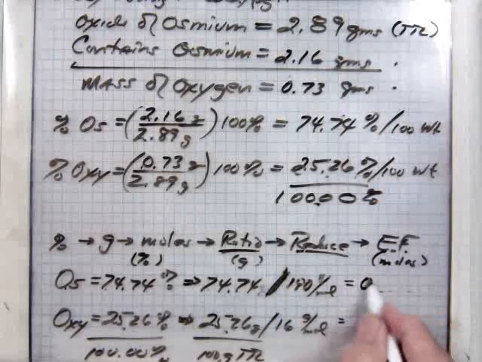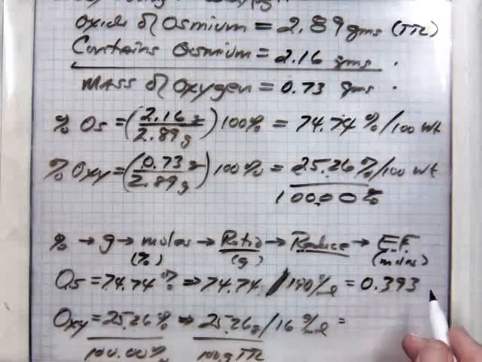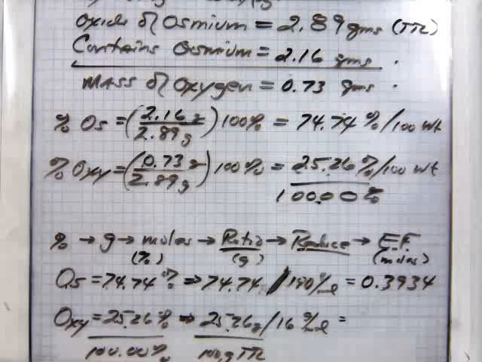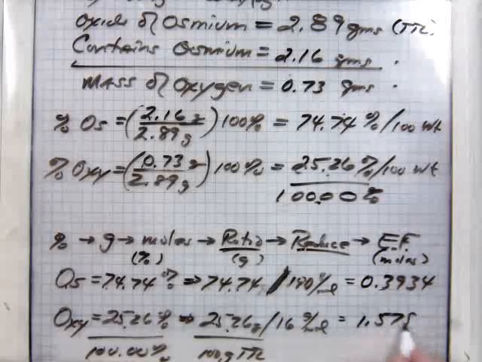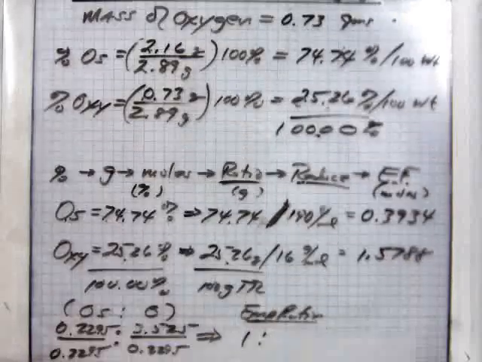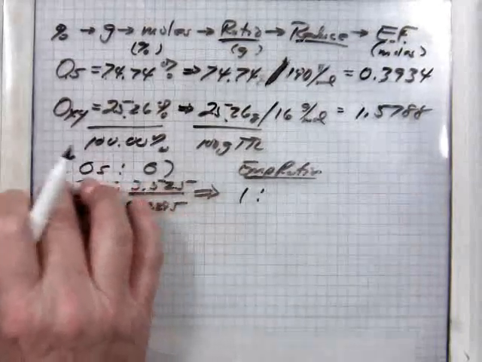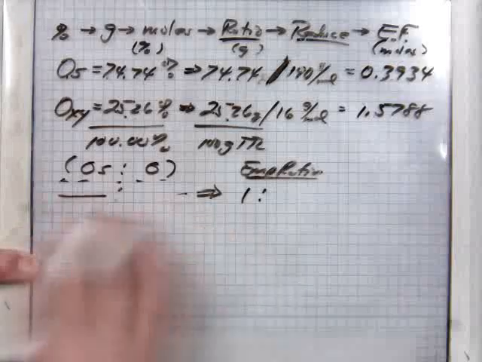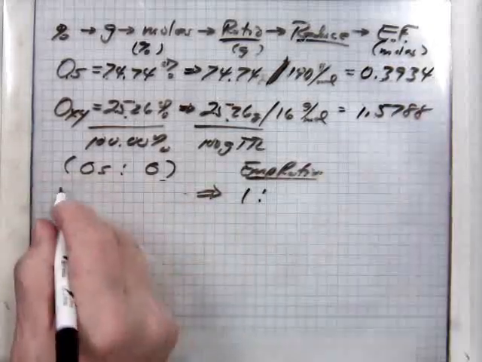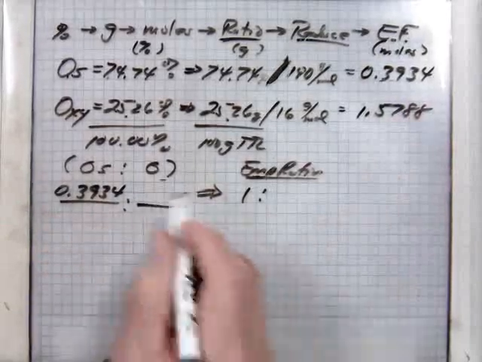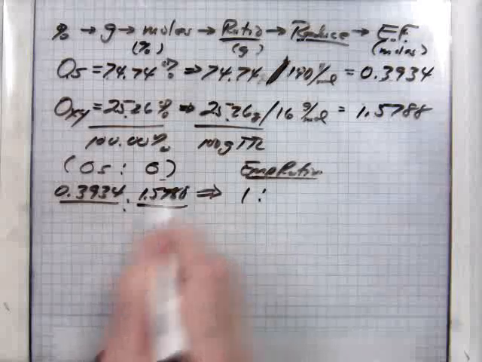0.3934, and 1.5788. Now, we're getting into something that means something. Okay. Let's correct the whole thing. So it's 0.3934 and 1.5788.